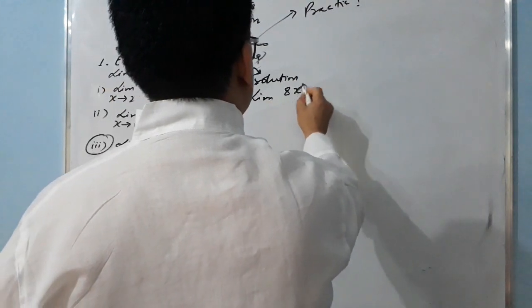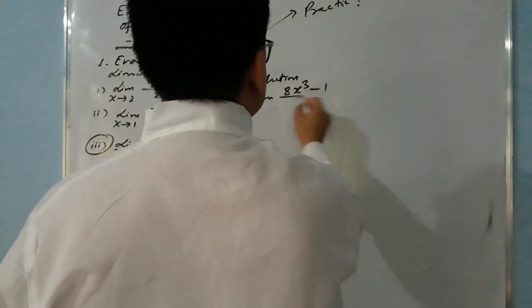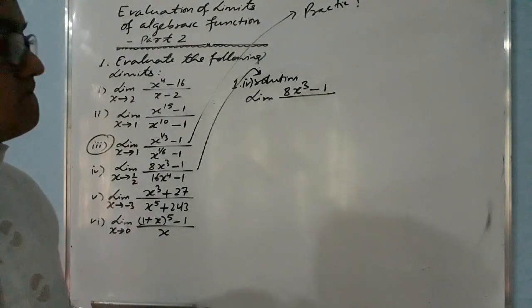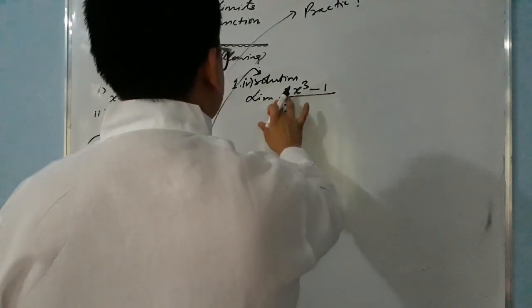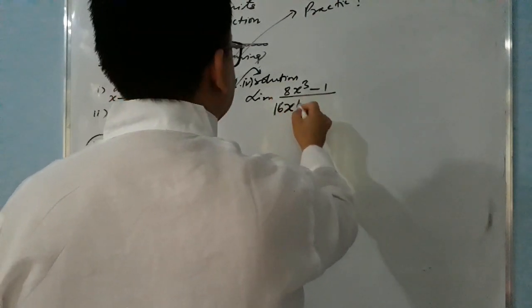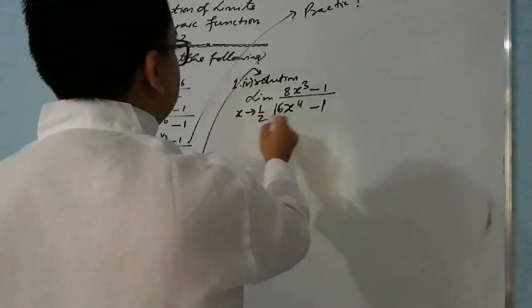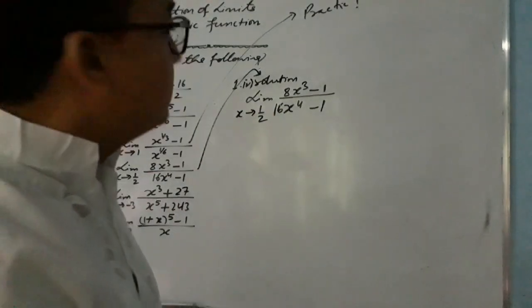The limit of (8x raised to power 3 minus 1) out of (16x raised to power 4 minus 1) as x tends to 1 upon 2, right? So let's try to bring 1 upon 2 here.